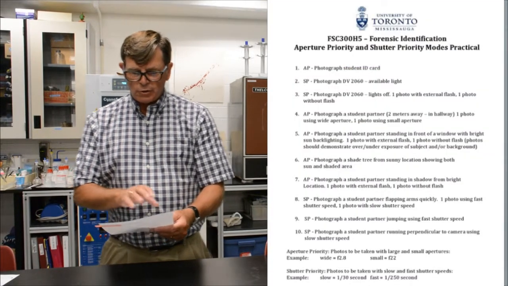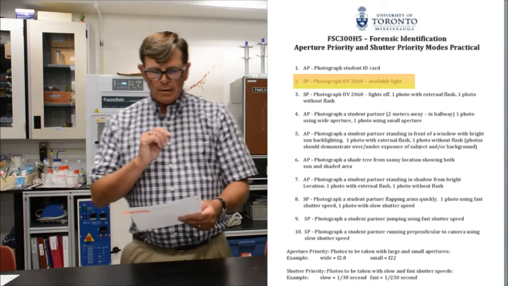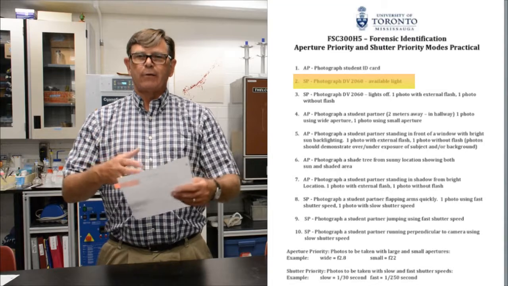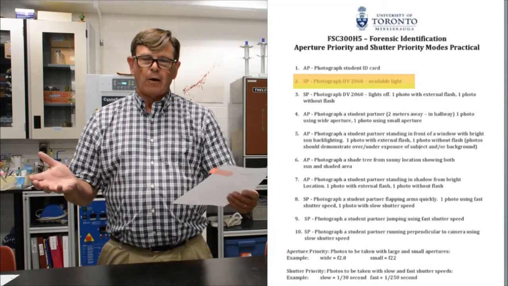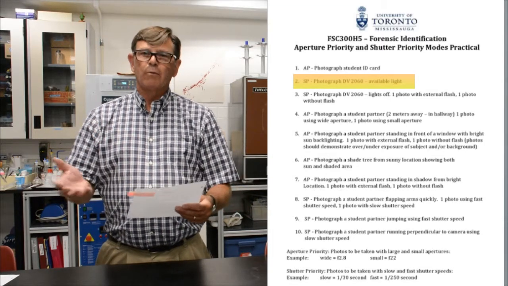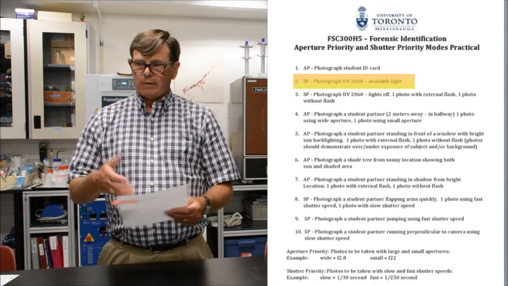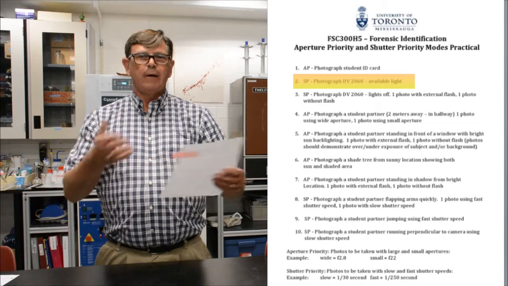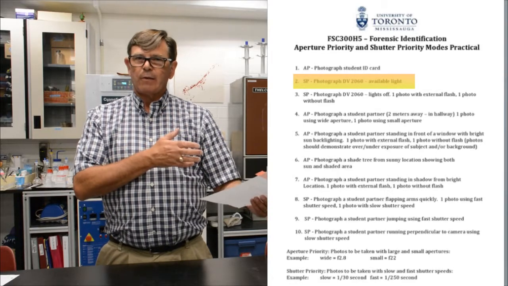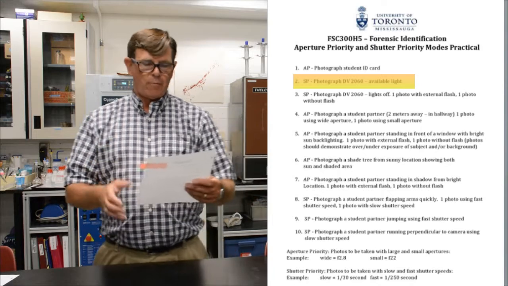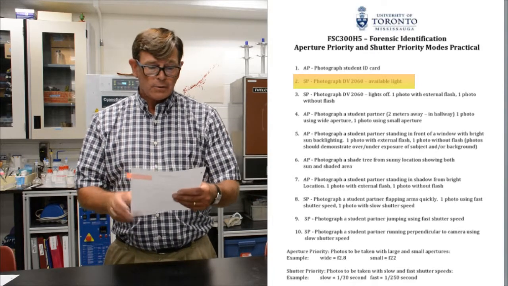The second one is shutter priority, photographing a larger area, an interior space, so a larger room, doing it with whatever available light is there. So not using auxiliary light such as a flashlight, turning the lights off and leaving them off, and not using on-camera or remote flash capabilities.